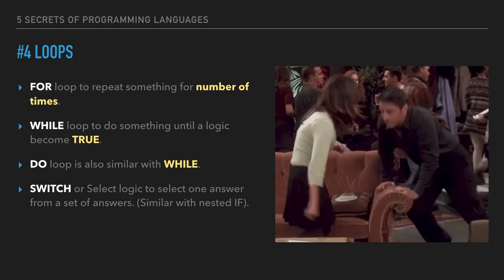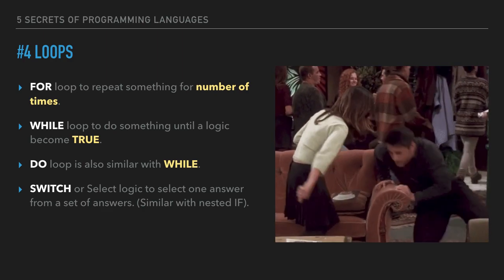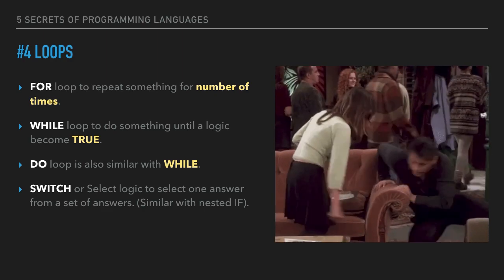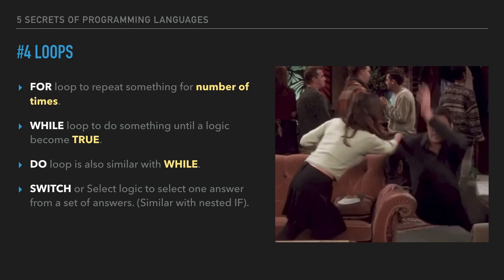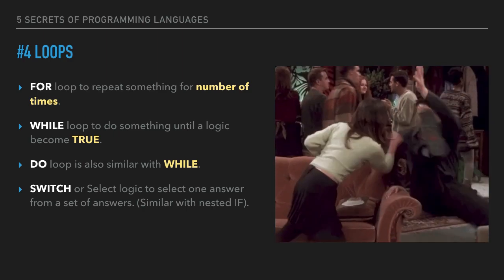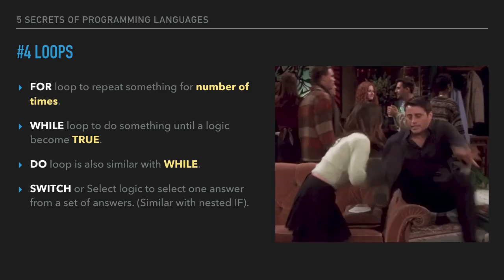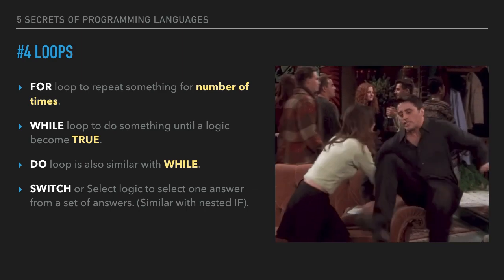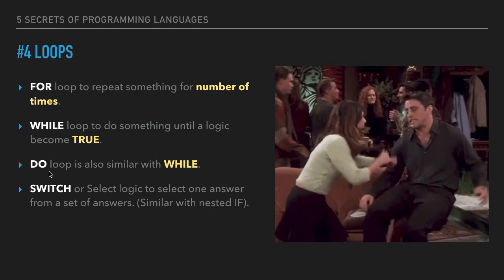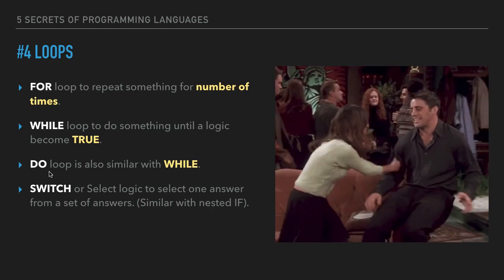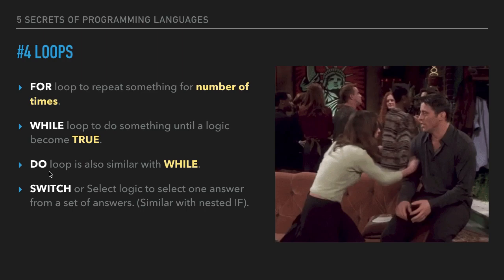But in switches, there's always an end. Even if you don't put an end, if or switch has an end. So we cannot call switch and if a loop. They are just logic. But you have to understand the difference between loops and logics. So for, while, do, these are loops in programming languages. So if you study Java or JavaScript, just search for these loops.